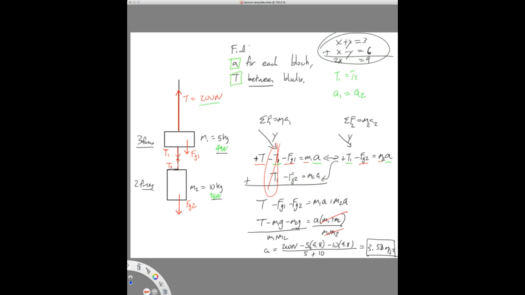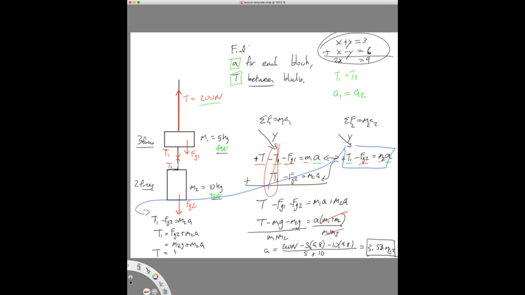So I'll take this equation, and I'm just going to move it over here to get a little extra space on this slide. And we have T1 minus Fg2 equals m2a. So T1 equals Fg2 plus m2a. That's going to be m2g plus m2a.